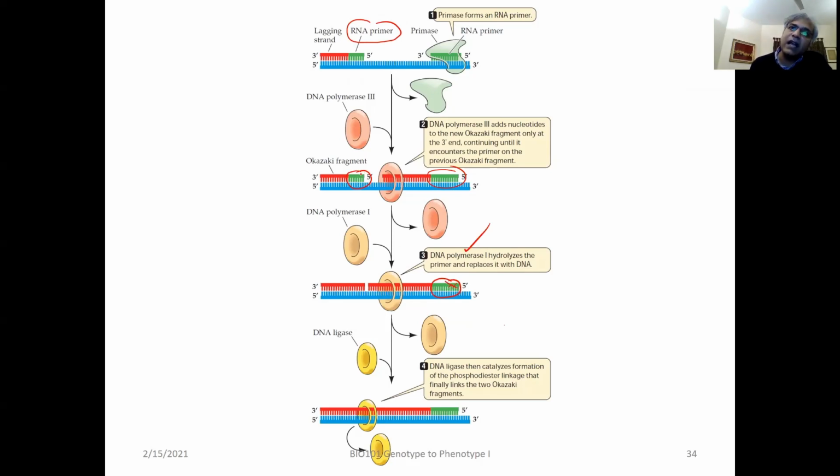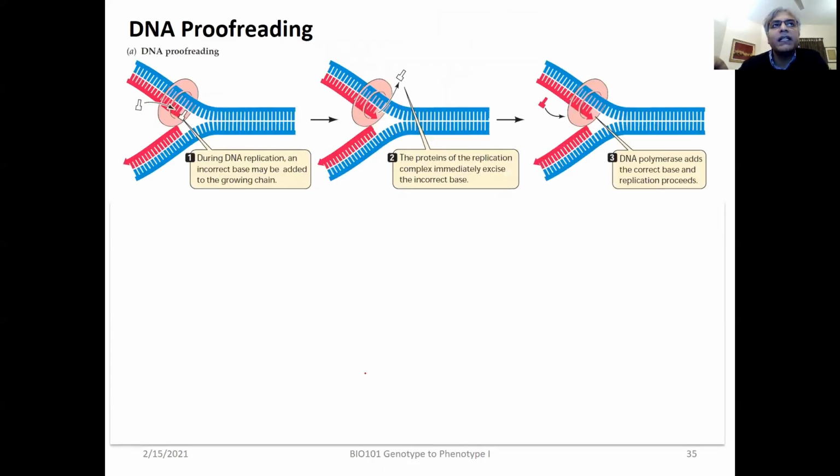Then these RNA primers are replaced by DNA, and no more RNA primer is there. This is followed by another enzyme called DNA ligase. Ligase connects this DNA and the next strand together. No gaps. Ligase is the glue. And then you have a perfect copy of the parental DNA.